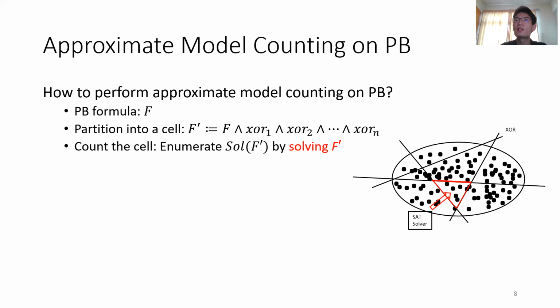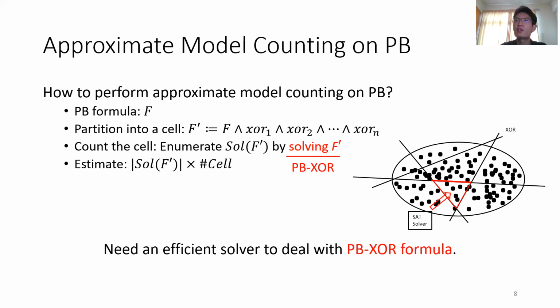Then we enumerate solutions of F prime to compute the number of solutions within the cell. Here, we are faced with the problem of solving formula F prime, which is a conjunction of PB constraints and XOR constraints. We use PB-XOR to denote this kind of formula. Once we solve the PB-XOR formula F prime, we can estimate the count by multiplying the number of solutions of F prime and the number of cells.